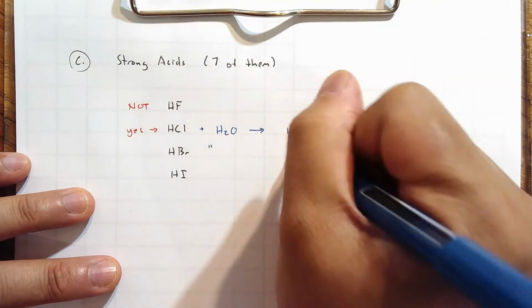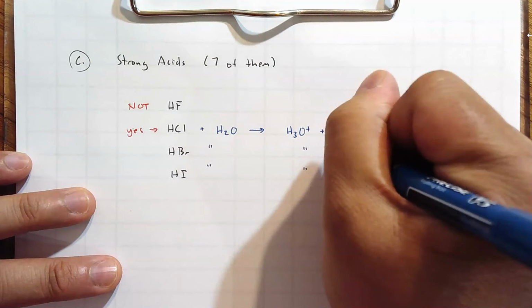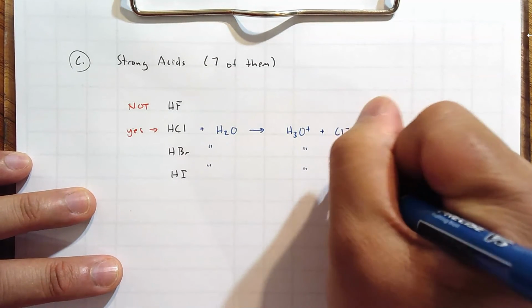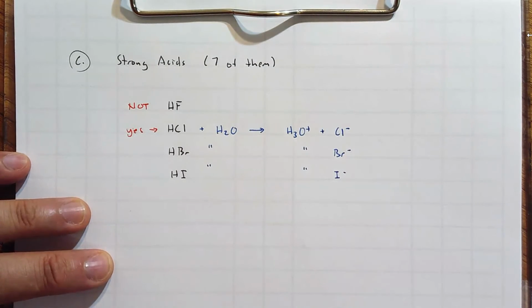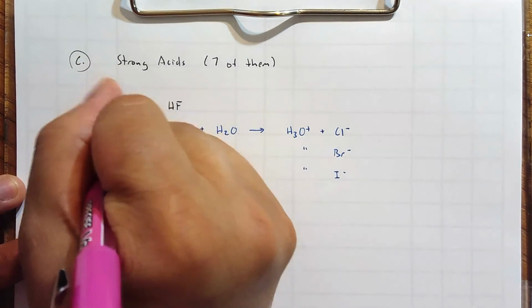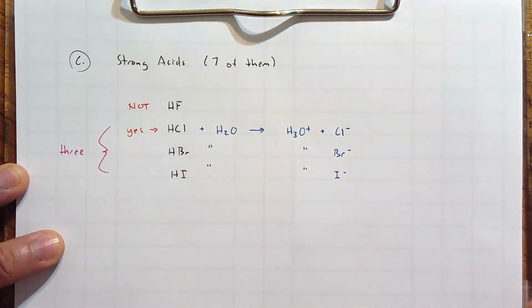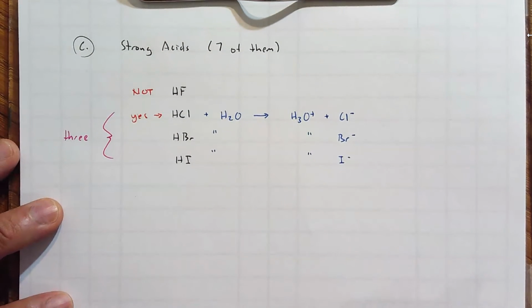These are the same. It's just the anion released is different. Br minus, I minus. So far, these three are strong. Three so far. What are the other four?